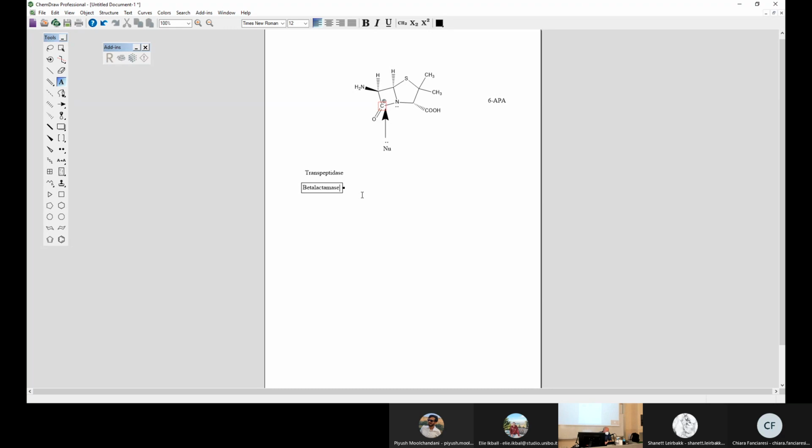These enzymes are characterized by basic functions, able to open the beta-lactam ring. This is the problem: a lot of bacteria are now resistant because they develop this class of enzymes in the cell wall. And so a lot of beta-lactams are opened, deactivated by this class of enzyme.